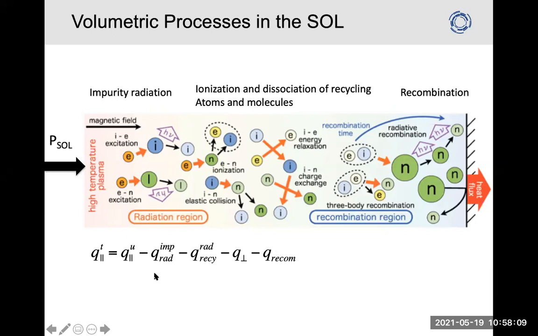Yeah? So these are all the components that can reduce the power flux to the target. There's nothing else.